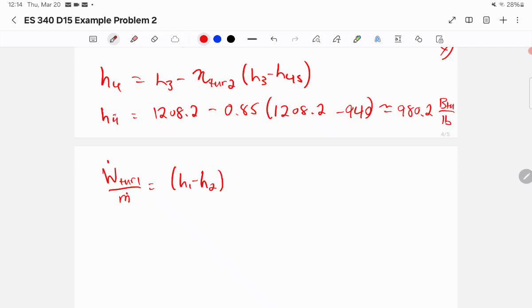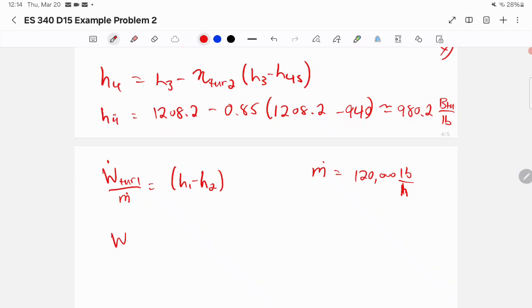We were given M dot as being 120,000 pound per hour, which is a convenient unit because it works out with the BTU per pound, right? And we get something in terms of BTU per hour, so that's nice.